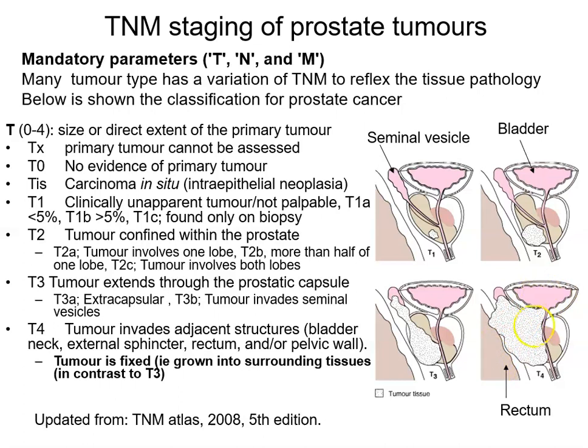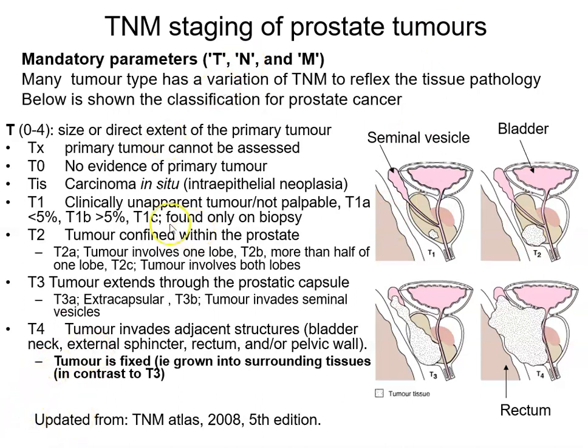Certainly in terms of survival as well, these are very, very advanced. These are really also quite advanced, and surgery is rarely even attempted on these. It can be attempted, but not all that commonly. Whereas both of these two are curative by surgery, and that's because the tumour is confined within the prostate, and you hope it's not spread any further, and if you remove the prostate, you cure the patient with surgery.